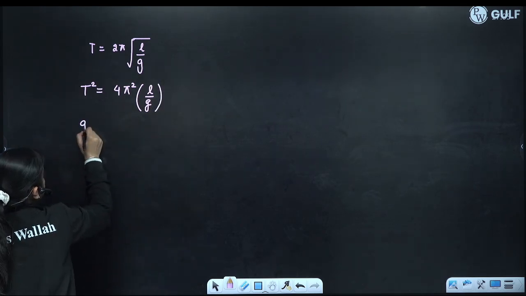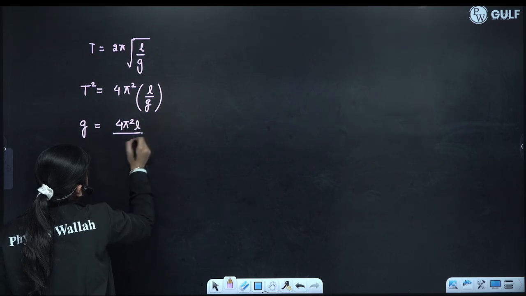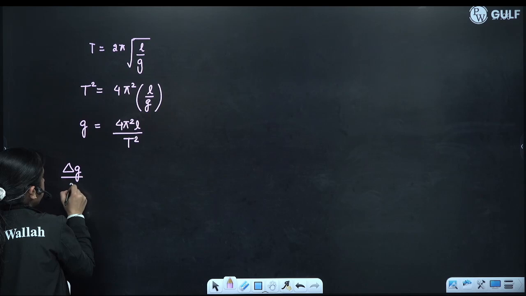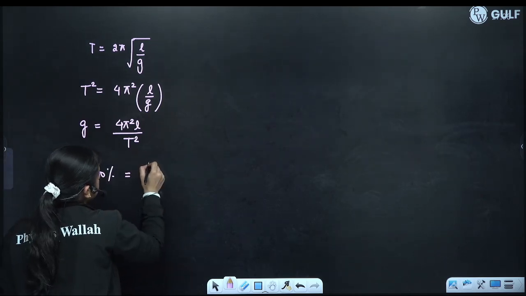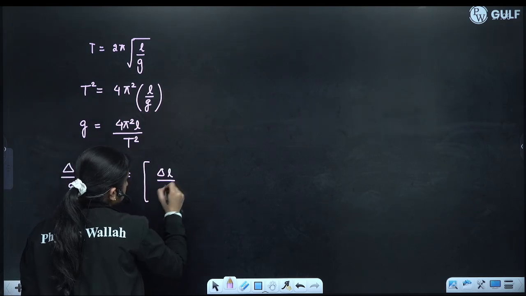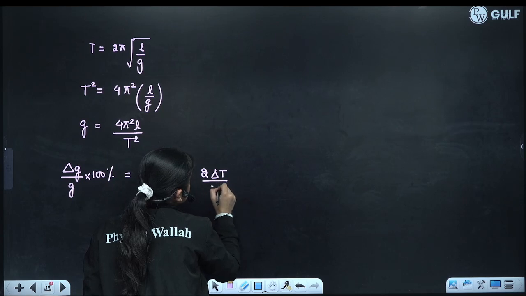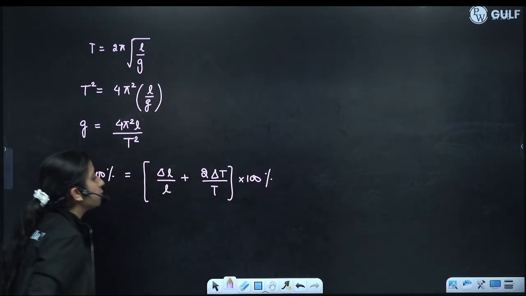So from here g will be equal to 4 pi square L by T square. So delta g by g into 100% is equal to delta L by L plus 2 times delta T by T into 100%. This is what we will get.